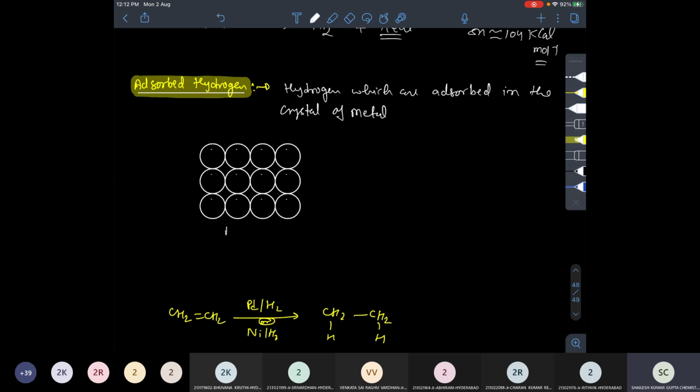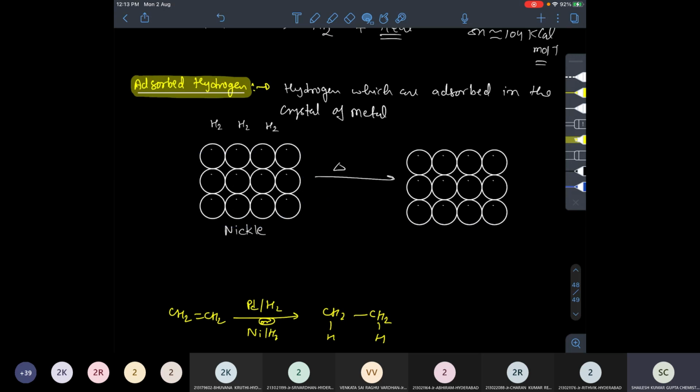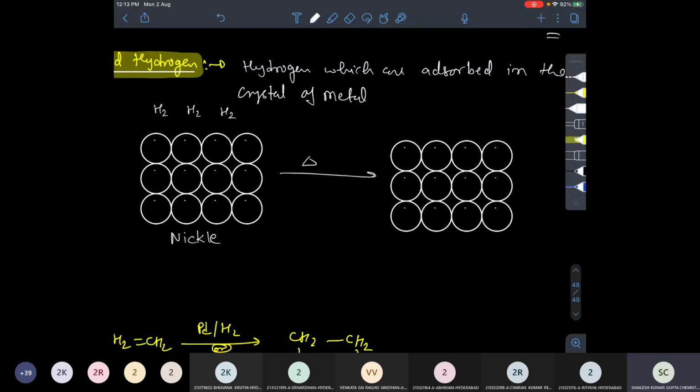Suppose this is nickel, and there is H2, H2, H2, and if I heat this, what will happen? Because of heating, the thermal expansion occurs. So during vibration, you'll get space where hydrogen can enter. So hydrogen basically enters in the atomic form.